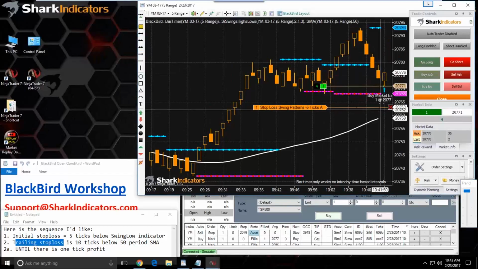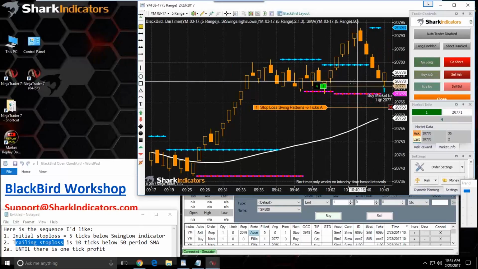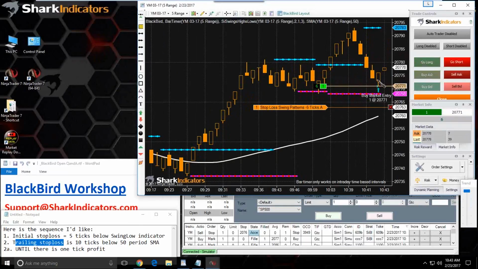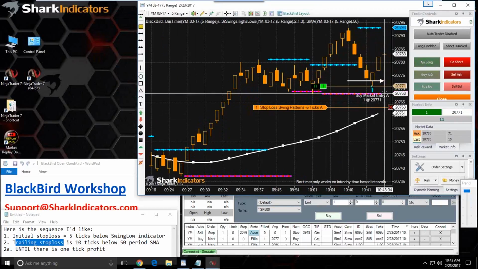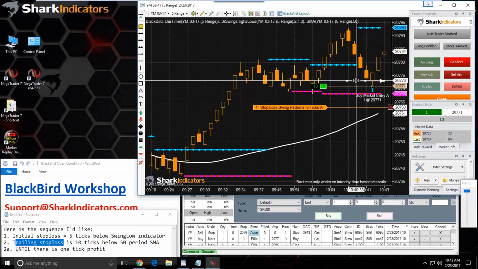So let's see, 63.73. All right, so we need to get our stop loss up to 770. Sorry, we need to get the SMA up to 773, right here where the arrow is, because this arrow is 10 ticks above our stop loss.